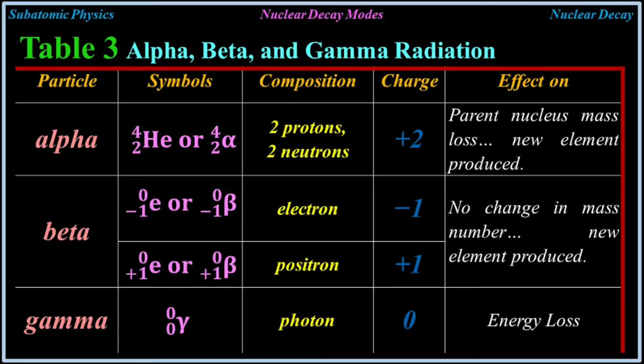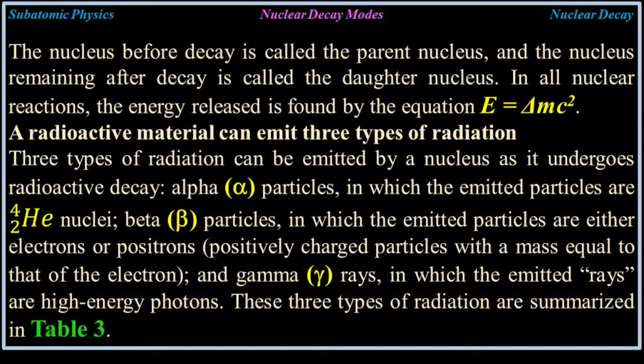Study this carefully. This would be very informative. The nucleus before decay is called the parent nucleus, and the nucleus remaining after decay is called the daughter nucleus. In all nuclear reactions, the energy released is found by the equation E equals delta m, change in mass, times the speed of light squared.